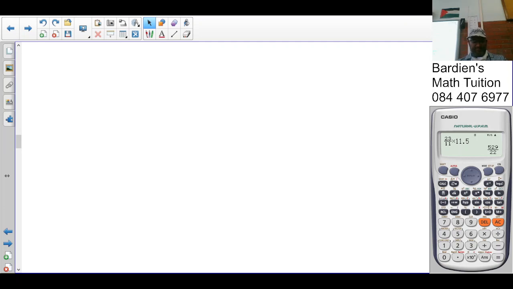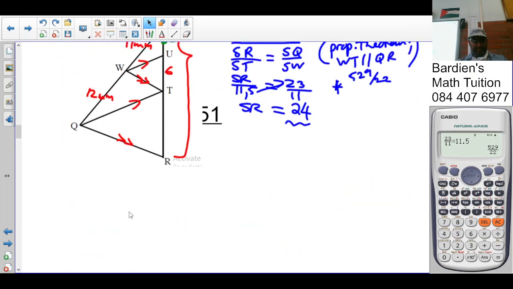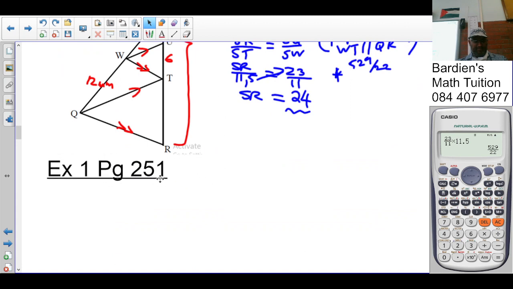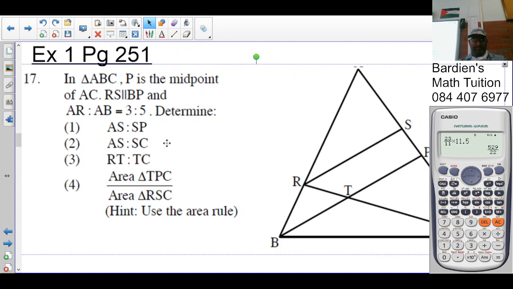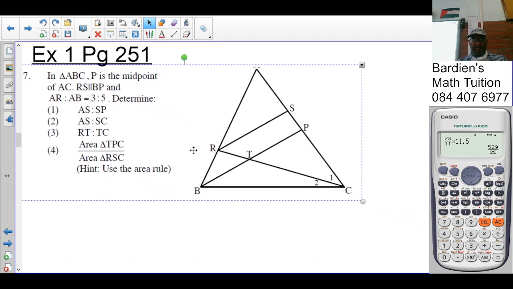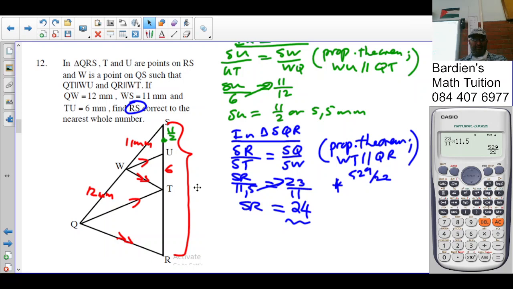Yes? So, I'm not sure if I skipped that 11.5, so the ST, with the previous question?